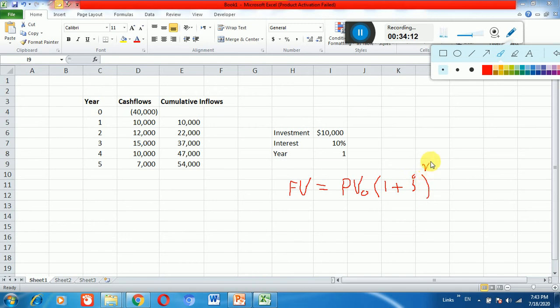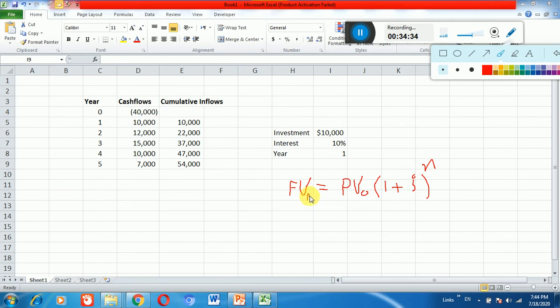You remember this. So if you invest $10,000 today and the bank is giving you 10% interest, how much total fund will you have after 1 year, or how much will be the future value after 1 year? This is n.